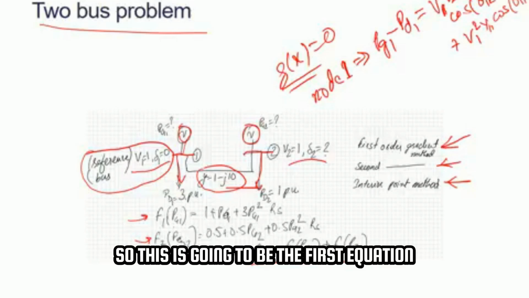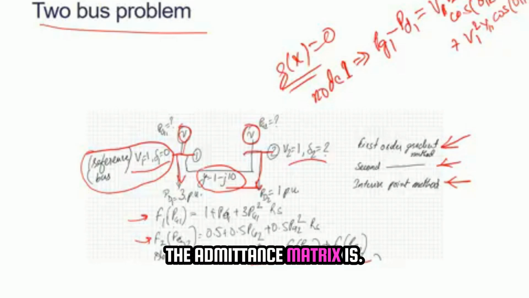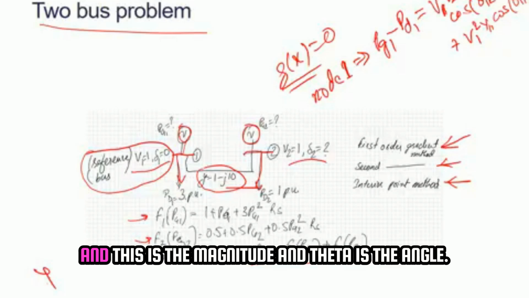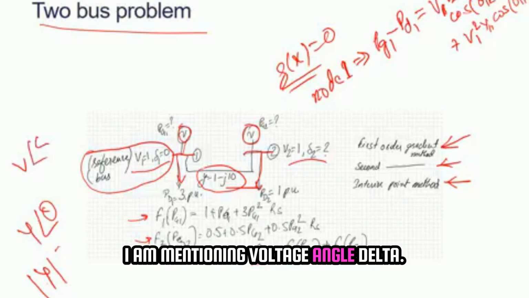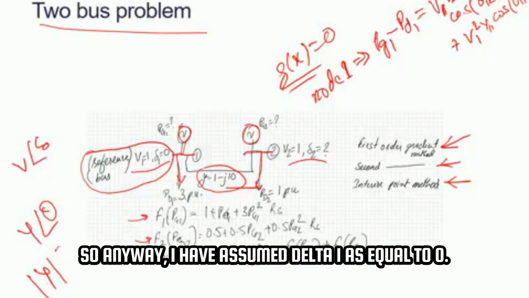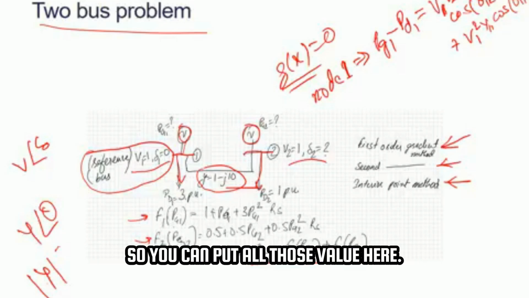So this is going to be the first equation. You can do the expansion. Y is the admittance matrix element, this is the magnitude, and theta is the angle. So you can write it like this: Y angle theta, and for voltage I am mentioning the voltage angle delta. Anyway, I have assumed delta 1 equal to 0, and V1 and V2 both as 1, so you can put all those values here.